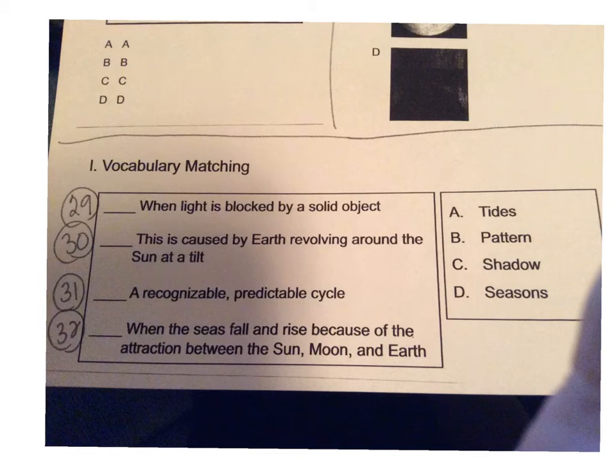Number 30, this is caused by Earth revolving around the sun at a tilt. 31, a recognizable, predictable cycle. And 32, when the seas fall and rise because of the attraction between the sun, the moon, and the earth, specifically the moon's gravity.